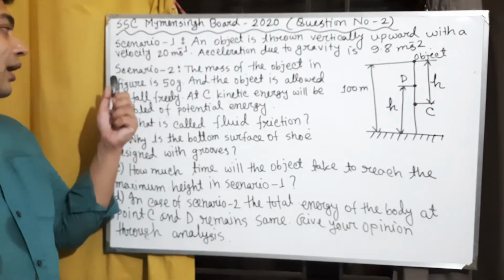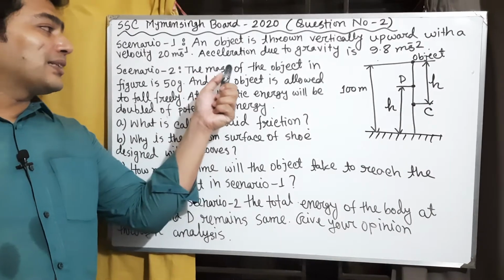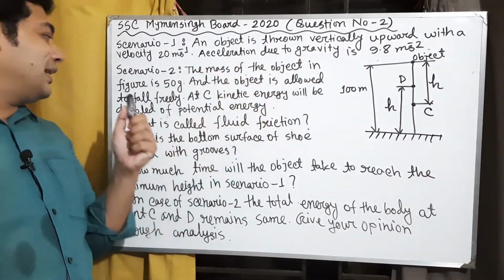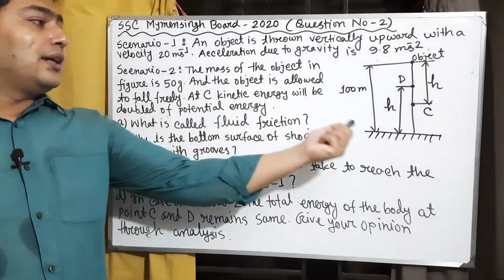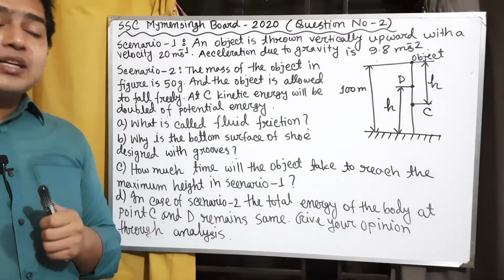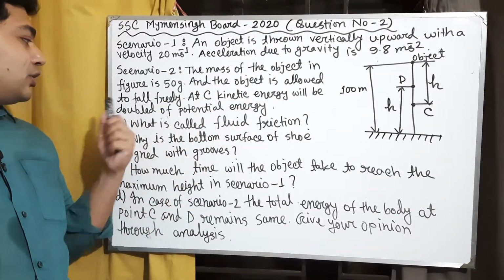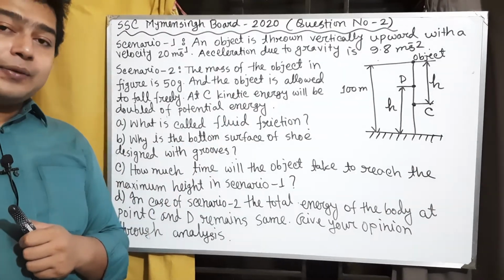Scenario 2: the mass of the object in the figure is 50 gram, and the object is allowed to fall freely.